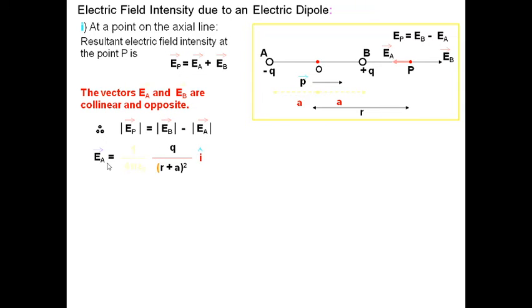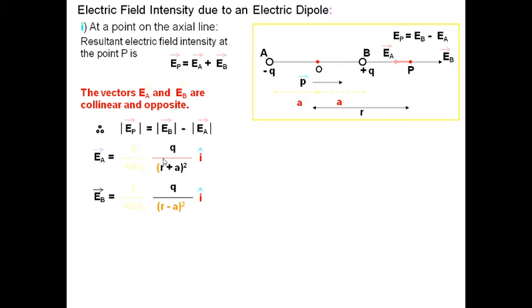EA is 1 by 4 pi epsilon naught, q upon (r plus a) whole square, because this distance is a and this distance is r, i cap representing the direction. And EB is 1 by 4 pi epsilon naught, q upon (r minus a) whole square, i cap.